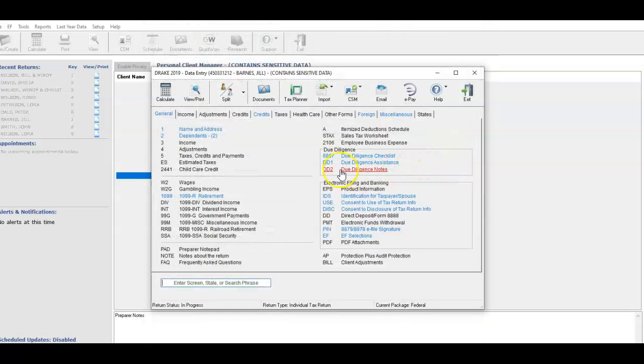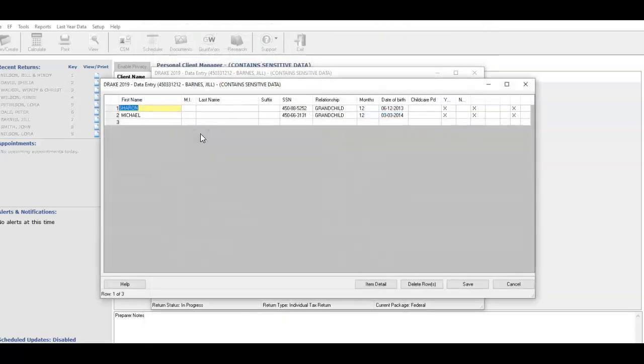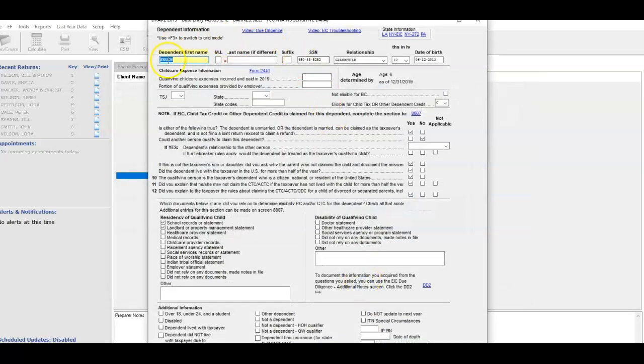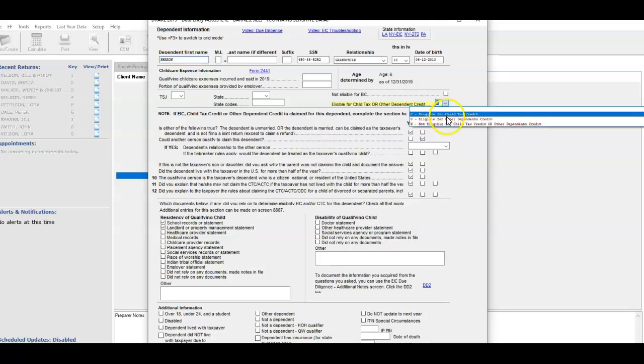Then you go to dependents if you have any dependents. Put in dependents information right here. We say C, child tax credit. Any dependent 16 and under will qualify for child tax credit, so you have C here. If you had a dependent that was 19, then you would select other dependent credit.